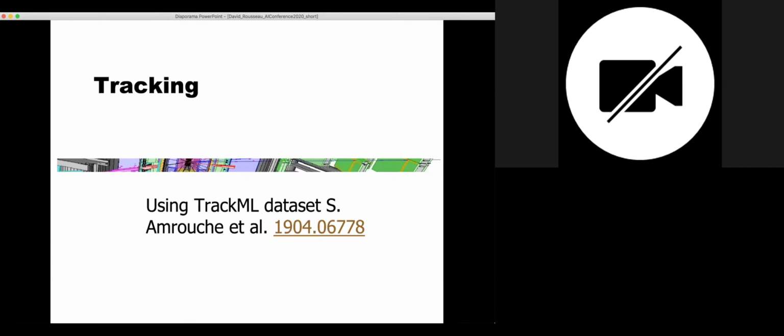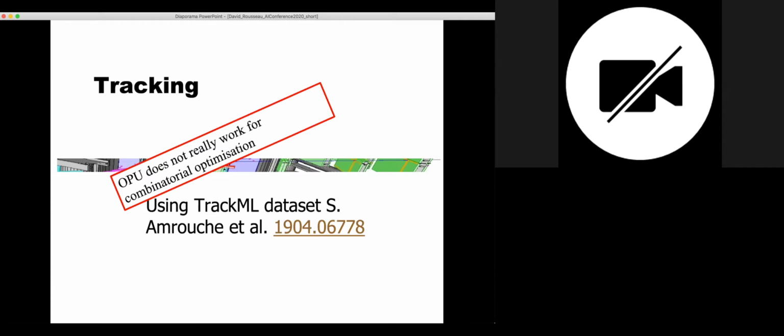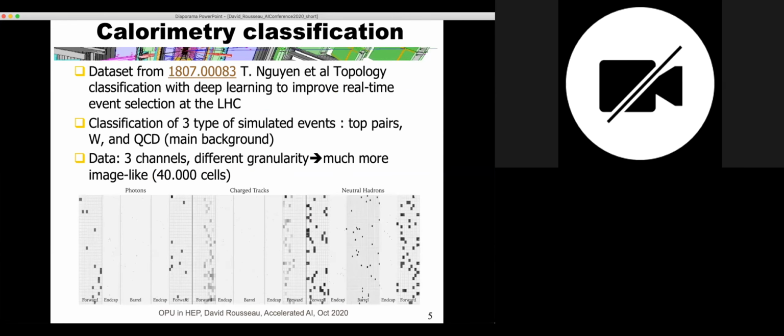Tracking is the first use case. In short, it doesn't work, and see the longer presentation for more about this. For this shorter one, I concentrate on the calorimetry. We've used a data set made by colleagues who are exploring using deep neural nets to classify events from calorimeter information.